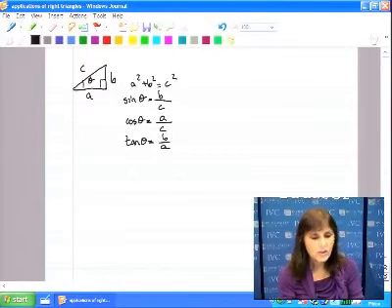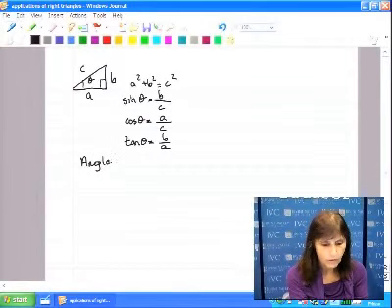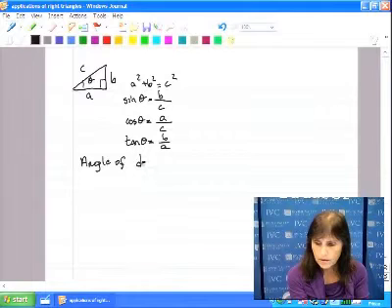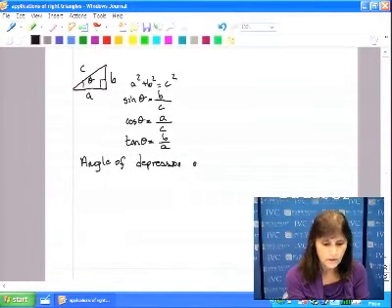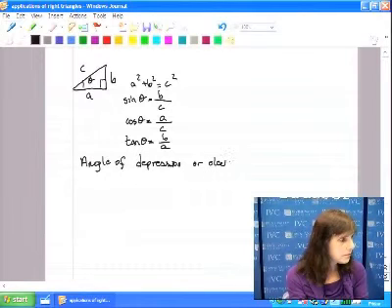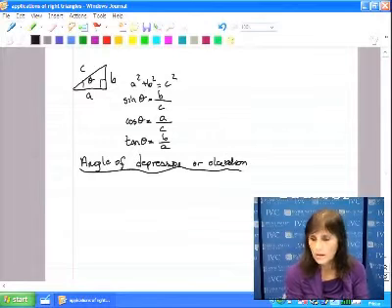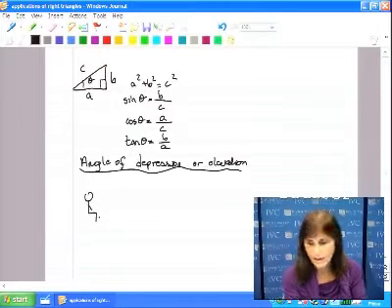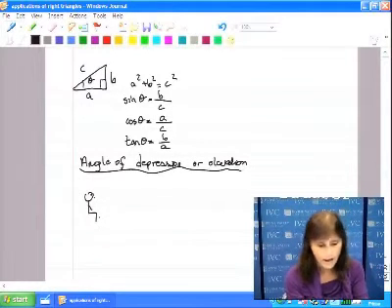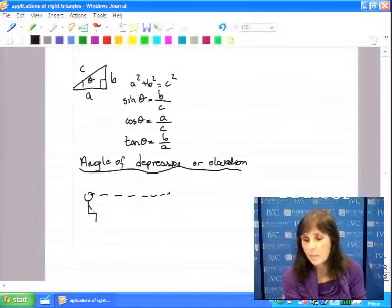So now let's talk about an application, and that's the angle of depression or elevation. When you're sitting down, usually they will just tell you, you're standing up, and here's your eye. Then you go to your eye level, and they will tell you about it.